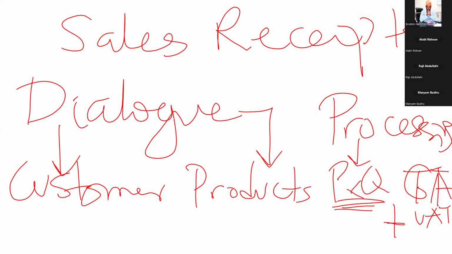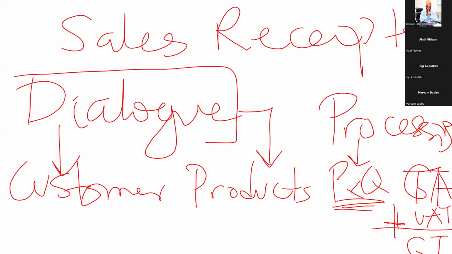We will add value-added tax to the total amount, which we'll talk about later, and then we will calculate what we call the grand total. So basically, there will be two parts. The first part is going to be the easier part, which is the dialogue part. And then the second part is going to be more of processing.